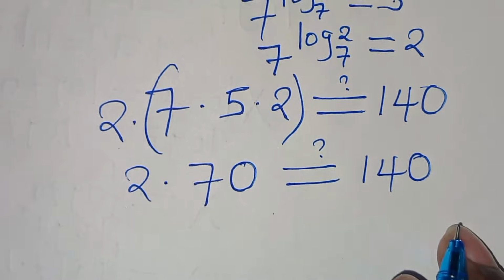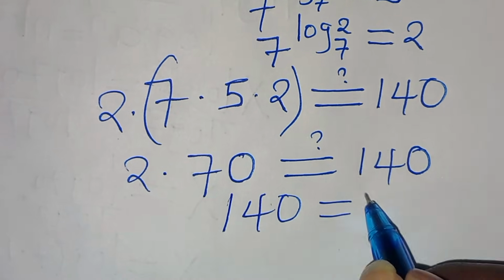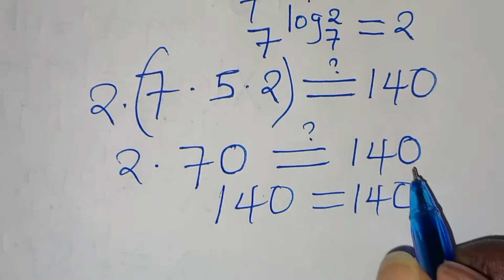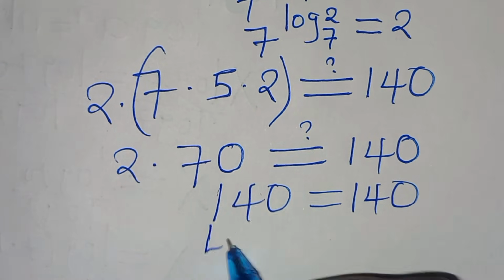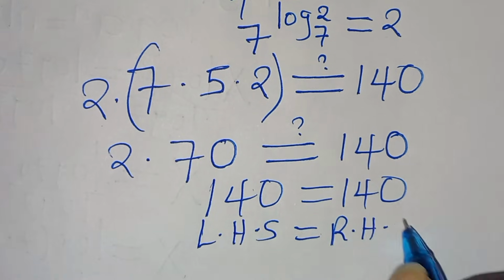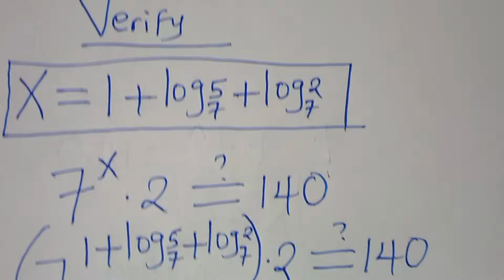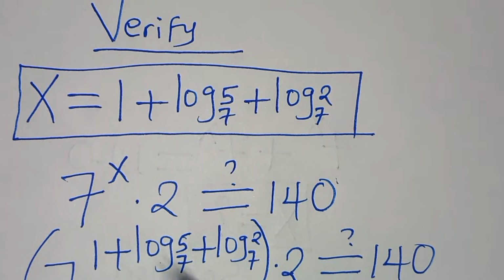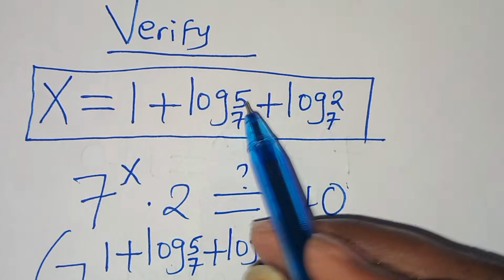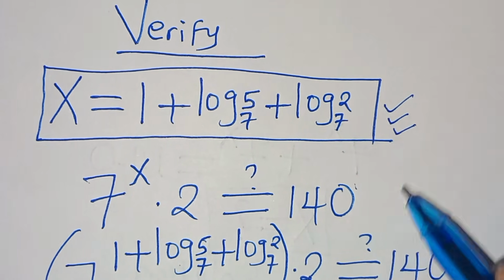So this means that here 70 times 2, this is equal to 140, which is equal to 140. So this implies that the left hand side is equal to the right hand side. And therefore, this implies that the value of x, which is equal to 1 plus log 5 to base 7 plus log 2 to base 7, satisfies the equation.